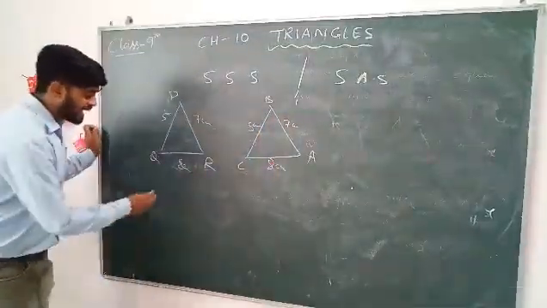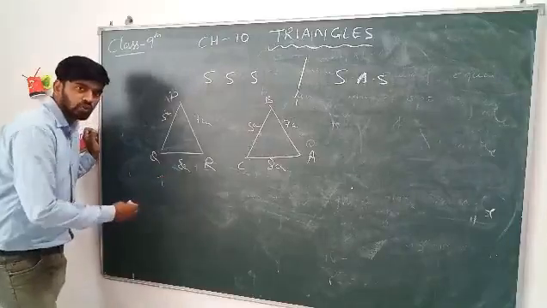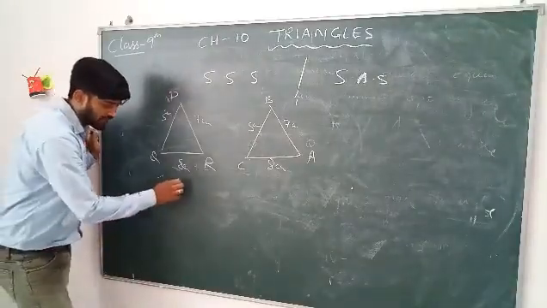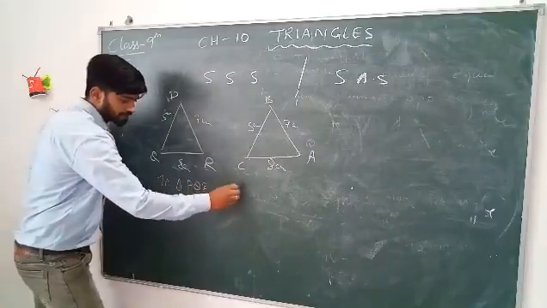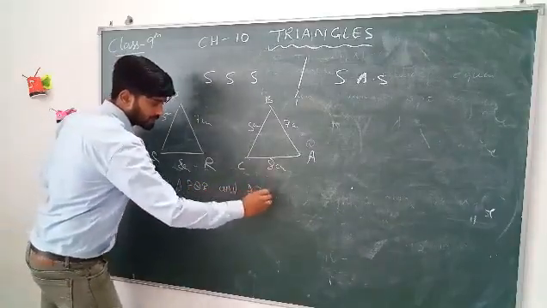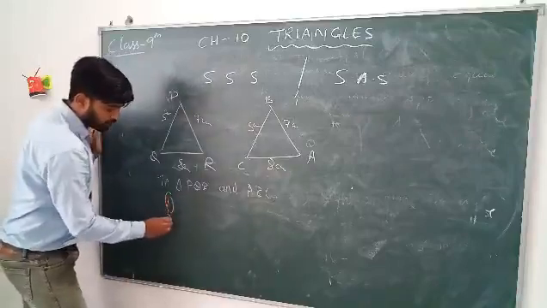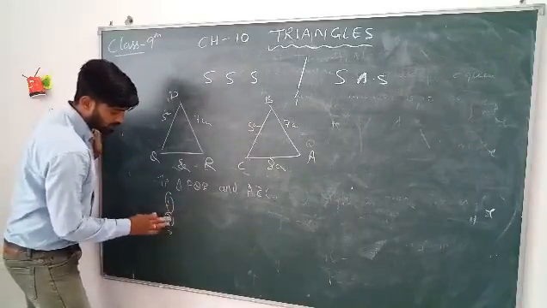As soon as I start the question, I'll write in triangles PQR and ABC. So I need 3 proofs. How many proofs do I need? 3 proofs.